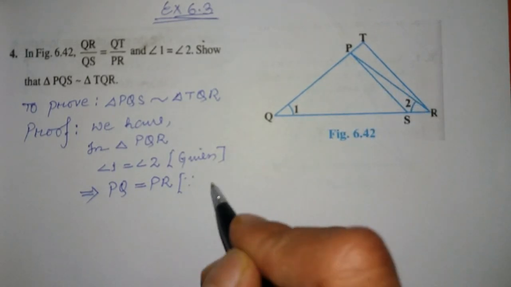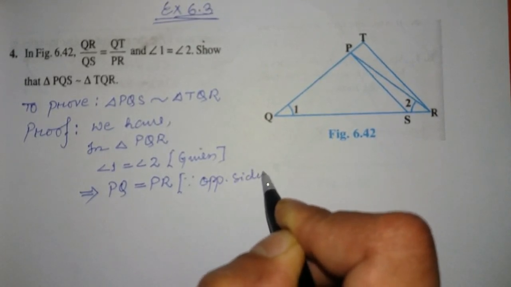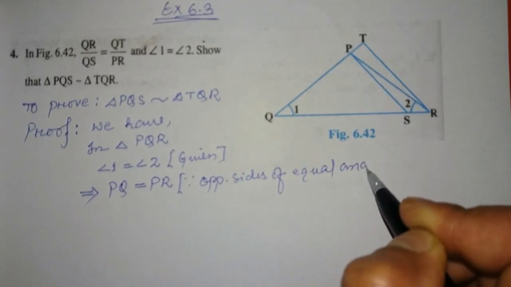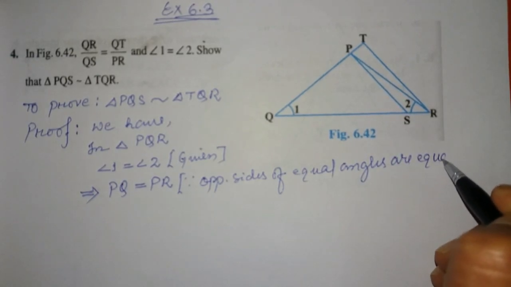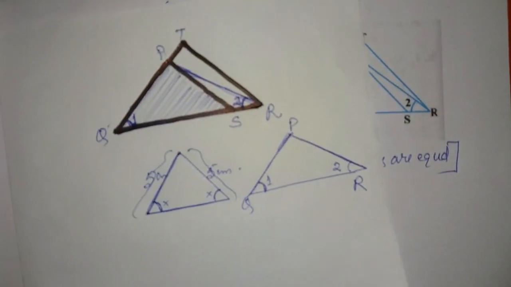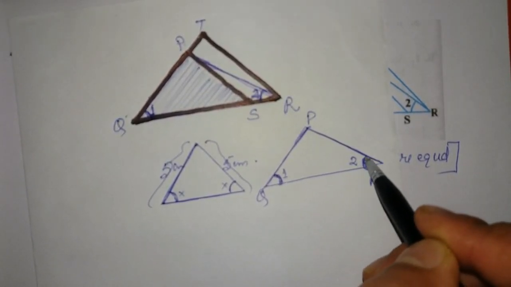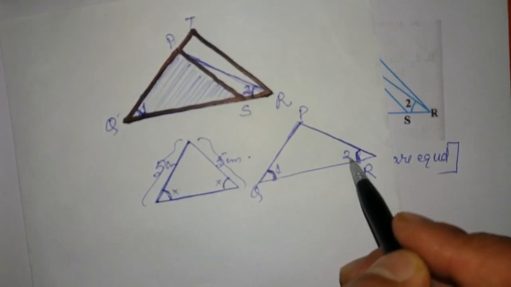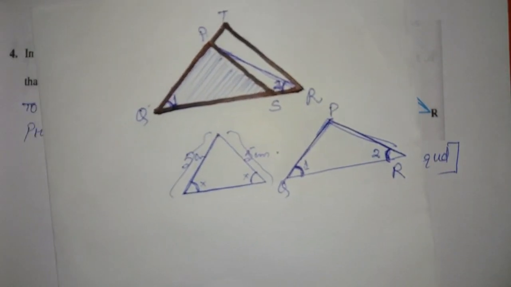So these two are opposite sides of equal angles. Opposite sides of equal angles are equal. So these are two equal angles, so the side opposite to this and the side opposite to this are equal. That means these two sides. So here we say PQ is equal to PR.